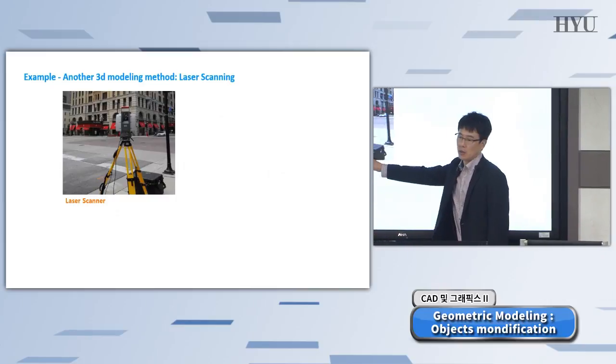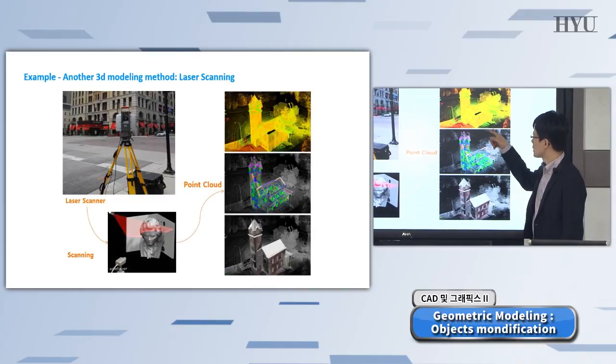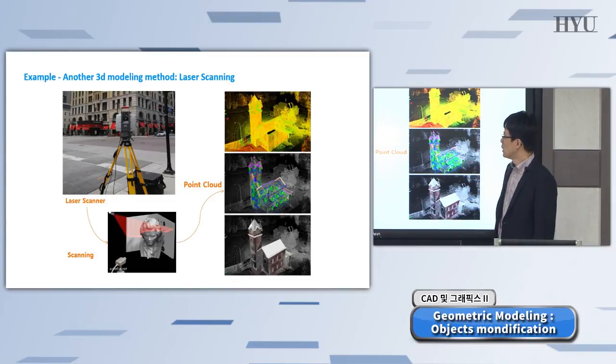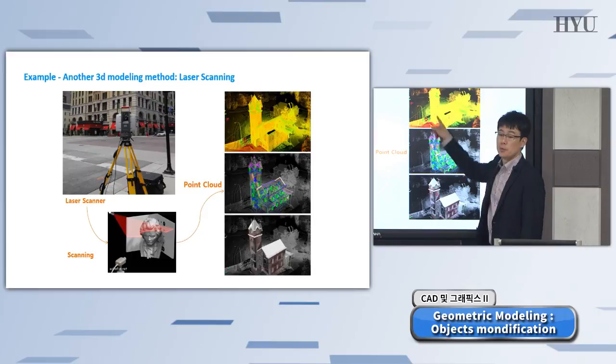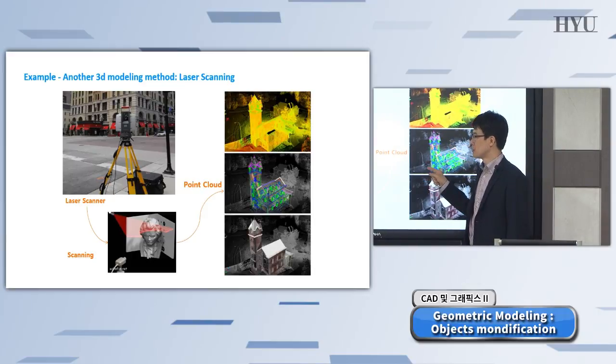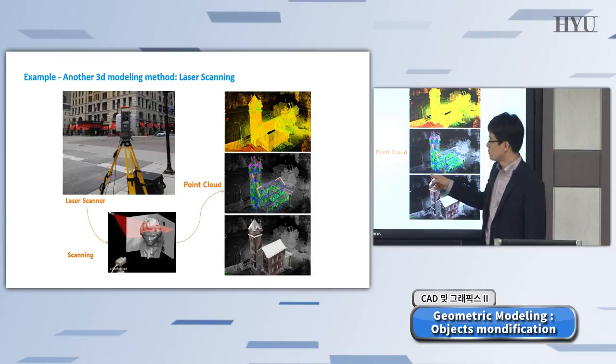This is a typical laser scanner, and this is the mechanism, and this is a building scan example that I showed you before. They are geometry, but originally they are all a group of points, so-called point cloud. Thousands, millions of points, okay? Why?